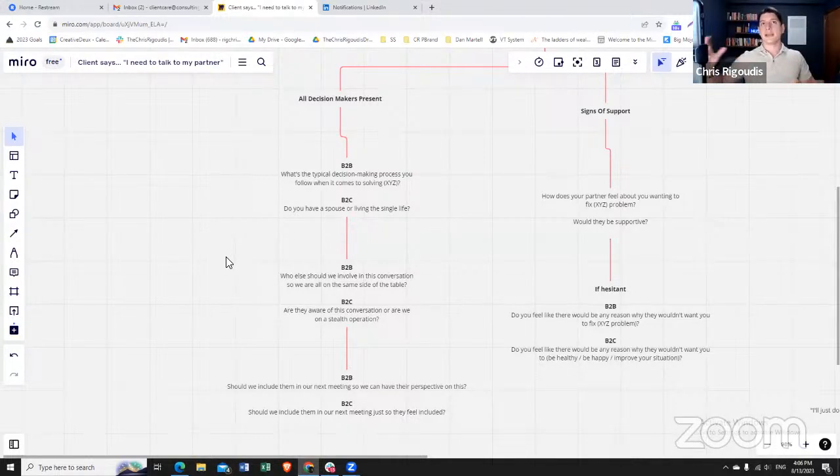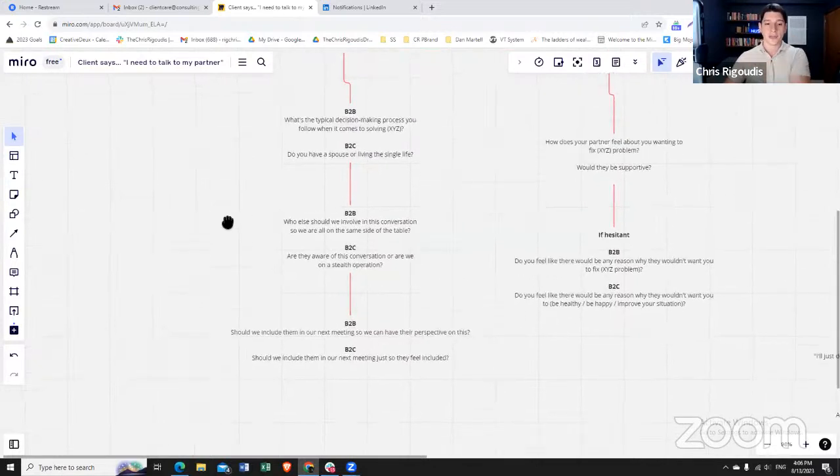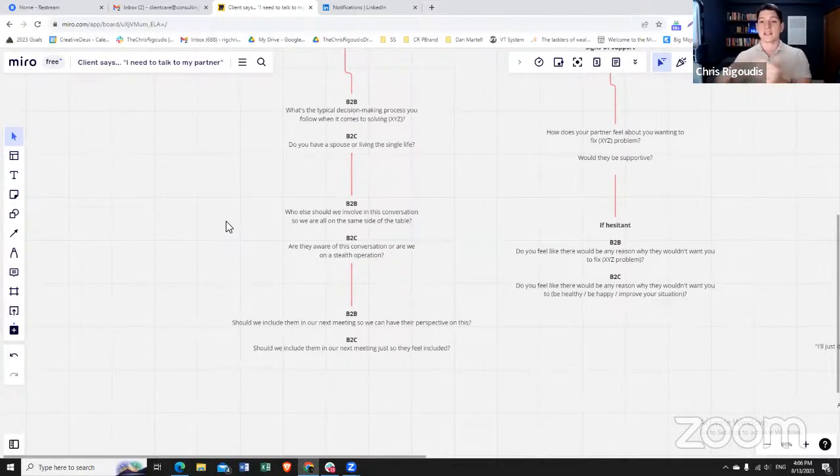Or if I ask, who else would this affect in the company? Oh, the CTO, because he's the primary one who has this challenge and he needs to be aware. Okay, should we involve him in our next meeting just so we can have their perspective on this?